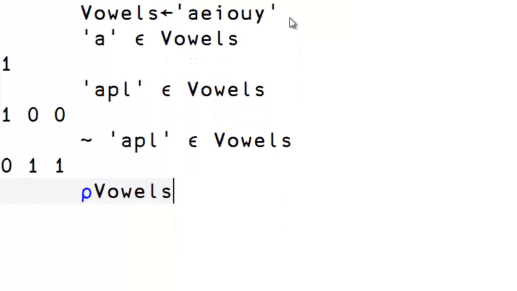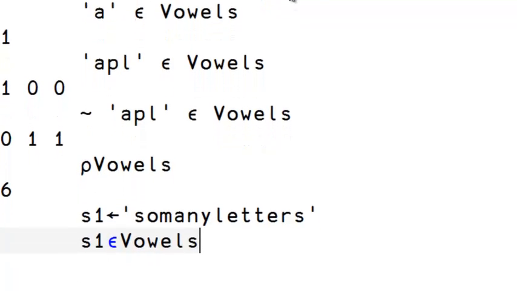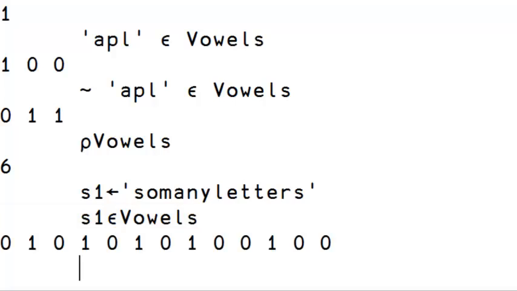If we want to know how many vowels we have, 6. If we want to know if the set number 1 is member of the vowels, we can see that S is not a member, O is a member, M is not a member, A is a member, and so on.